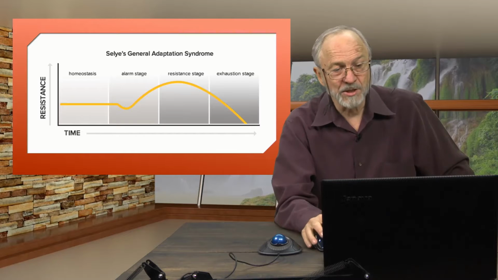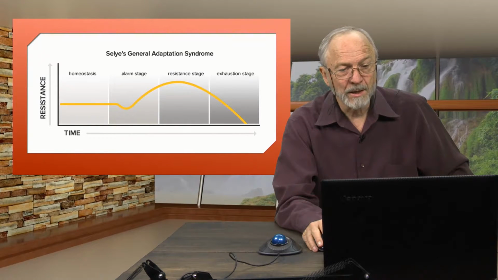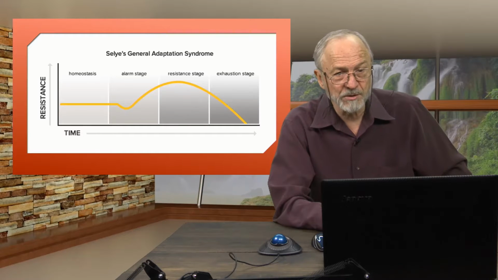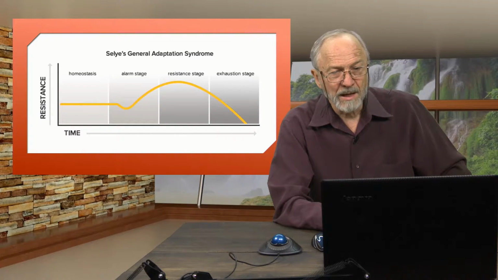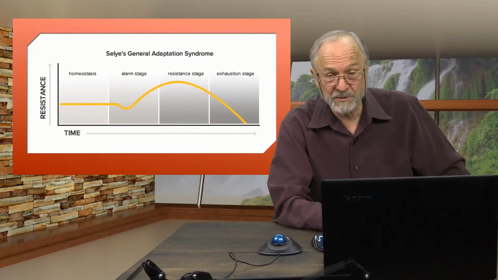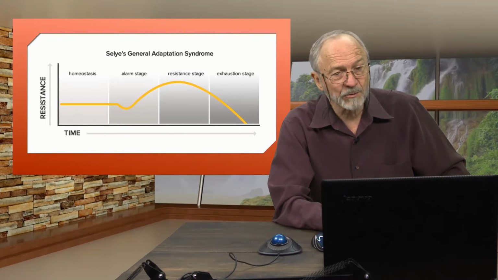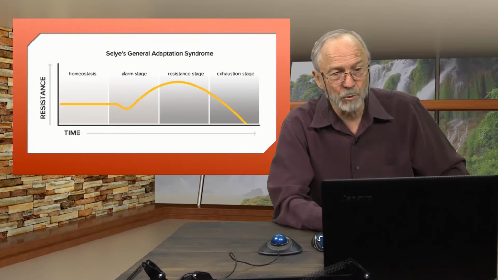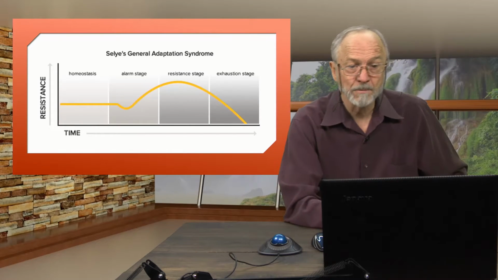Now, as we move from the alarm stage, as stress continues, we move into the resistance stage. After the initial shock of a stressful event and having a fight or flight response, the body begins to repair itself. It releases a lower amount of cortisol, and your heart rate and blood pressure begin to normalize.